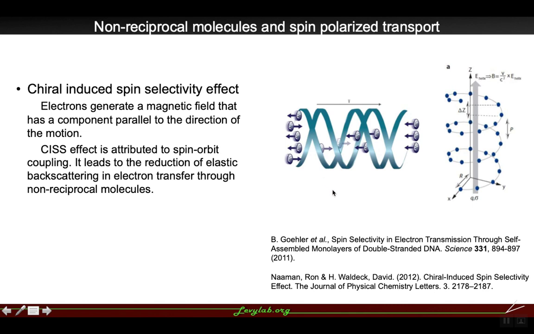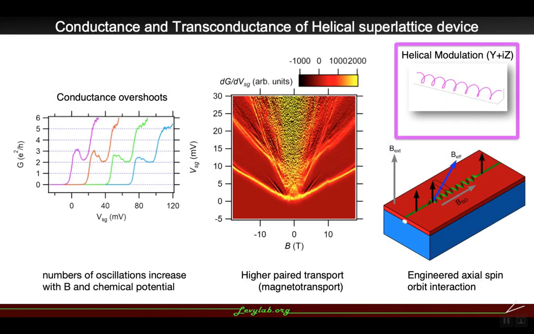This effect is attributed to spin-orbit coupling, and could lead to a reduction of elastic backscattering. So my group is interested in what could happen in our devices, which are also non-reciprocal structures.